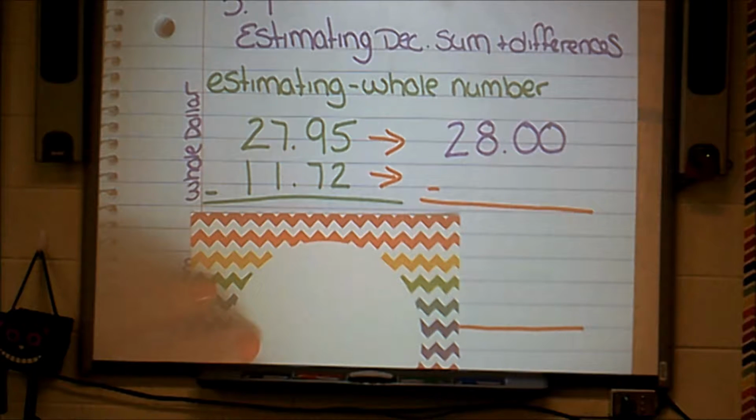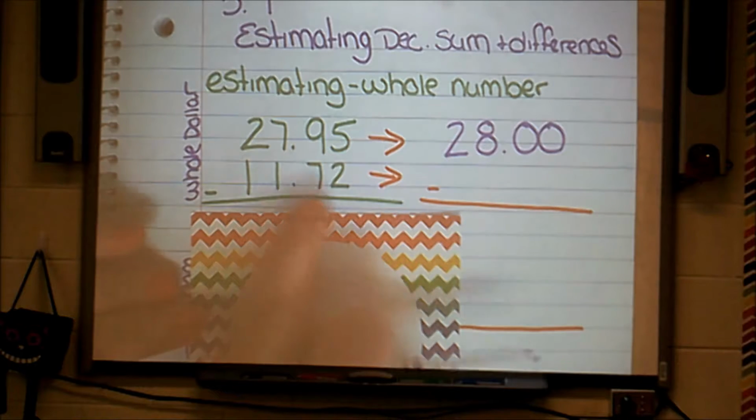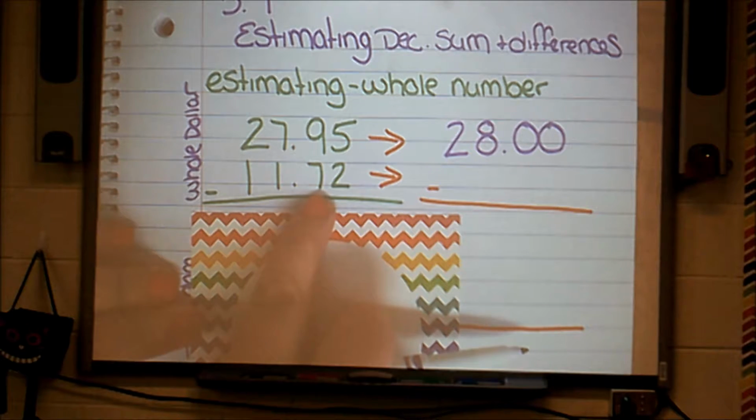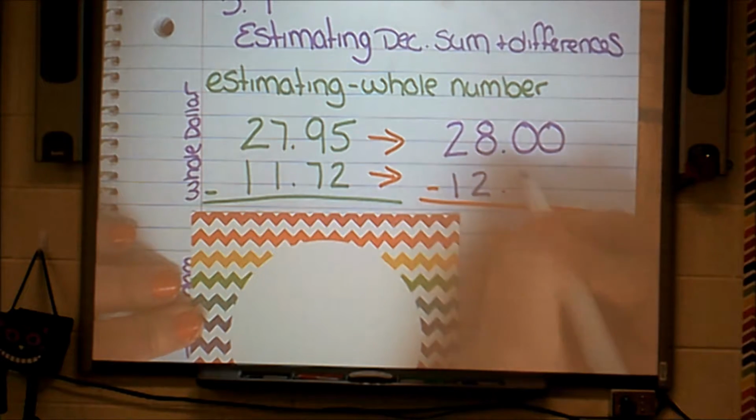And then looking at my $11.72, or my 11 and 72 hundredths, rounding $11.72 to my nearest whole dollar. I look at the 7, 7 is 5 or more, so I round up. So my $11.72 is closest to $12.